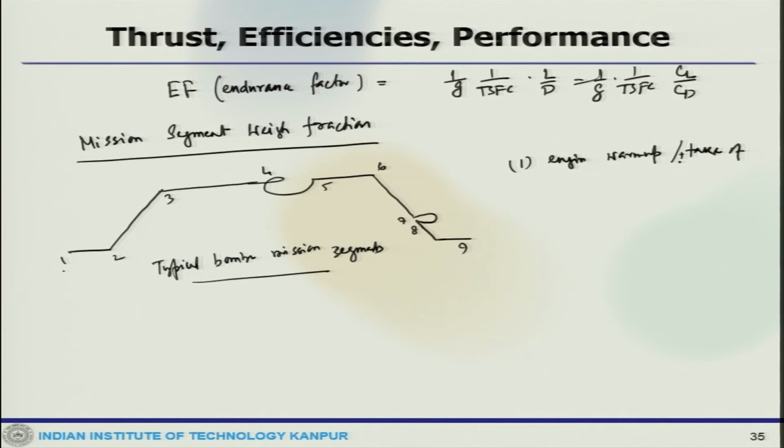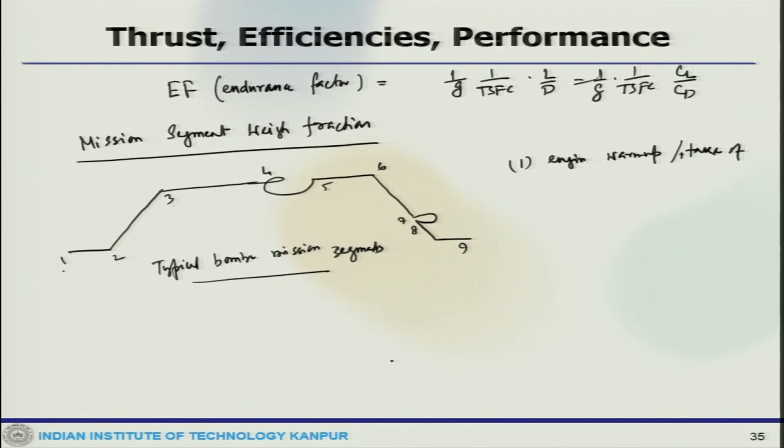The remaining legs are sequentially numbered since then, and let us say if a typical passenger aircraft, 1 would be again warm up and take off, 2 would be climb, 3 would be cruise, 4 would be loiter, and 5 would be land. So, like this.